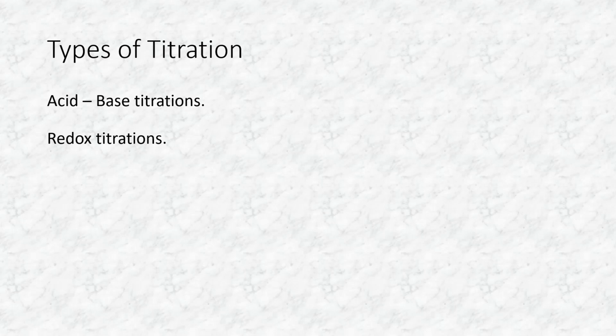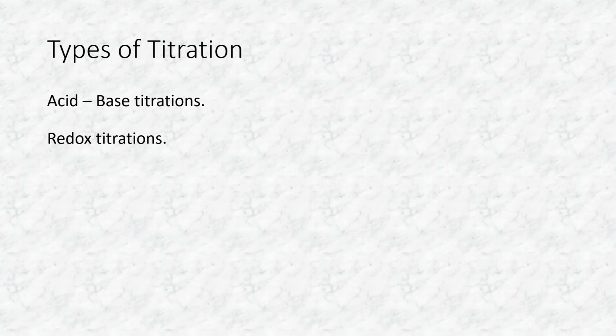Redox is a word we use to describe reactions where something is being oxidized and something is being reduced. And actually, in any reaction where something is being oxidized, something else is being reduced. In chemistry, neither of those processes can happen in isolation. So in redox titrations, our sample that we need to calculate the concentration of may be something that can be oxidized, and therefore we can titrate against a solution of oxidizing agent that you know the concentration of.